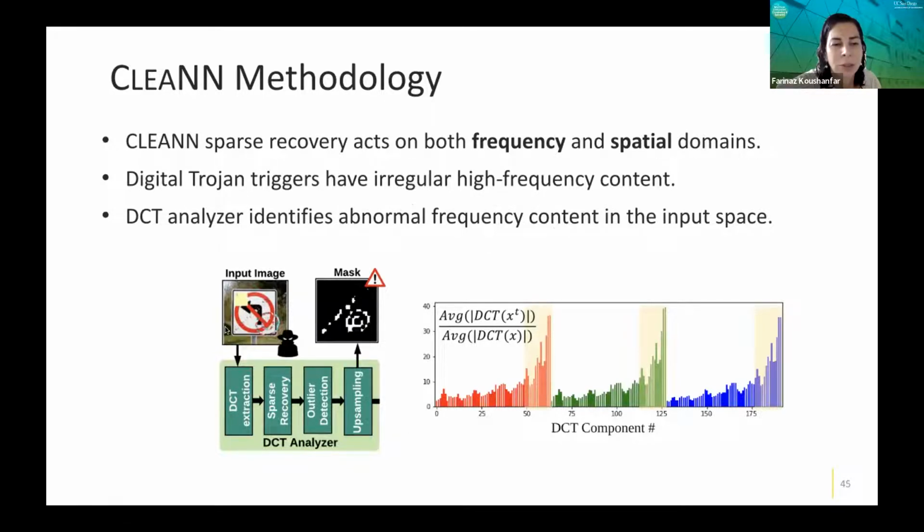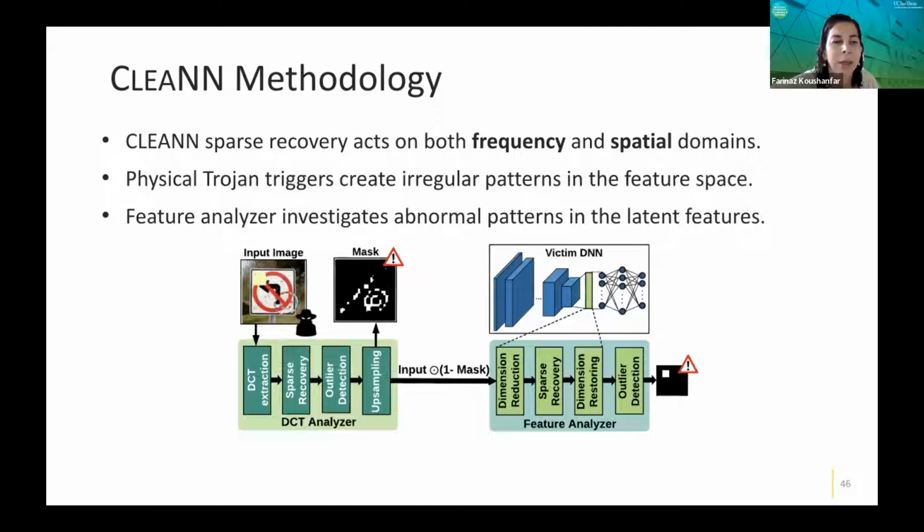As you can see here, the input image has a kind of watermark on top of it, and this is really the data poisoning that is given. Then the DCT analyzer finds this mask, identifies the abnormal high frequency components in the data, and flags this as a troublesome sample for the Trojans.